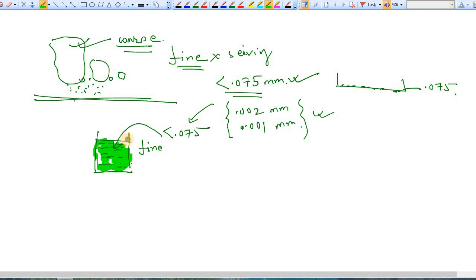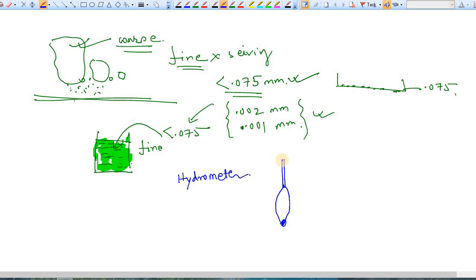Now you have to use a particular instrument which is known as a hydrometer. What is this? Hydrometer. This hydrometer looks like this. This is the tube and this is the jar like this, and here is the weighted part.